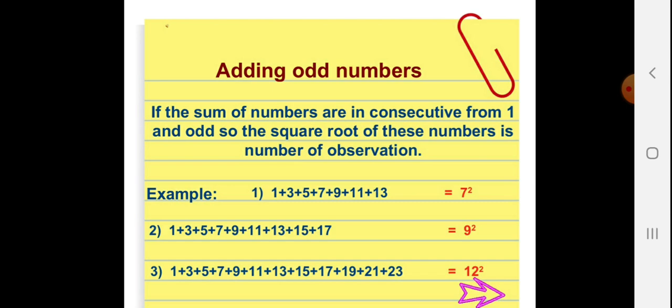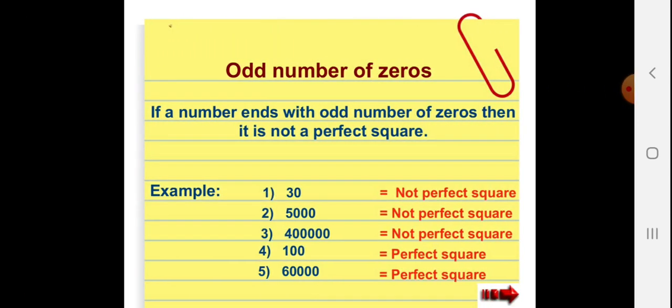Next is 1 plus 3 plus 5 plus 7 plus 9 plus 11 plus 13 plus 15 plus 17 plus 19 plus 21 plus 23. How many numbers are there? 1, 2, 3, 4, 5, 6, 7, 8, 9, 10, 11, 12. So it is 12 squared, which is 144.